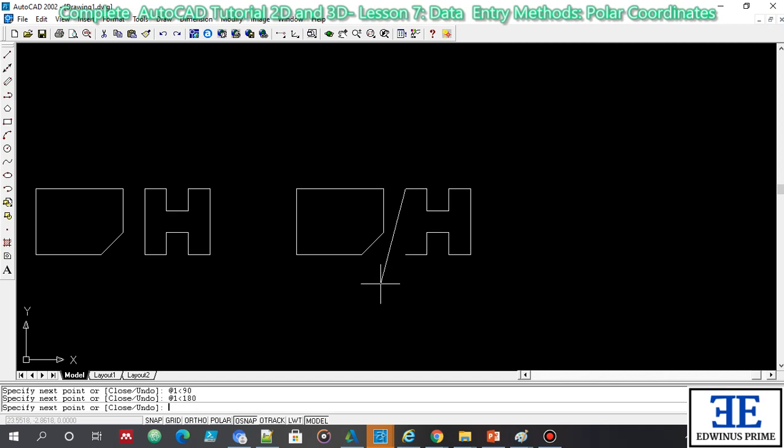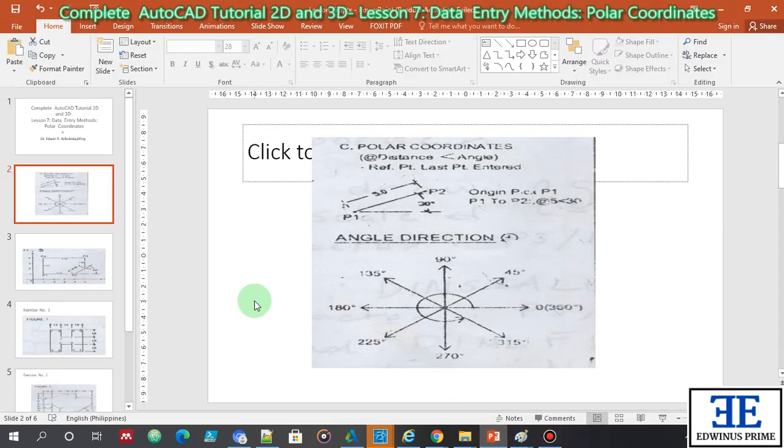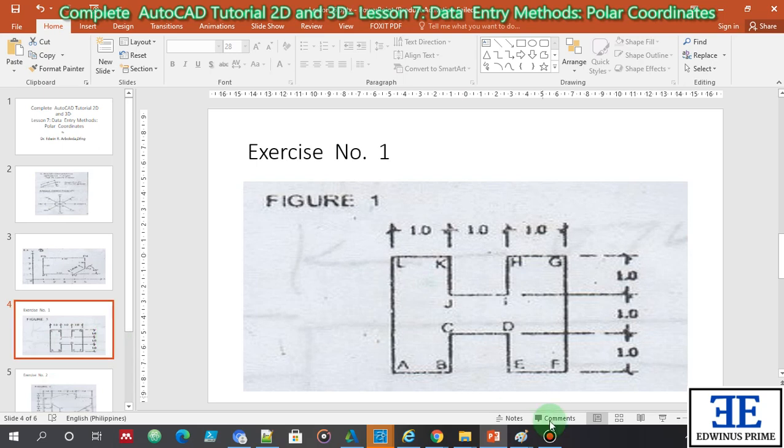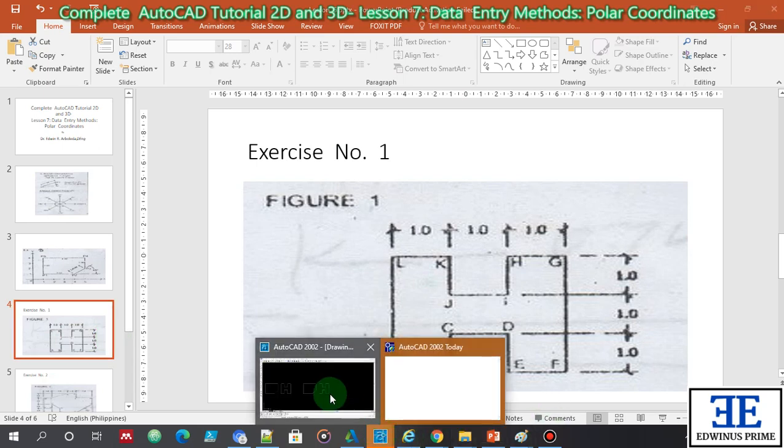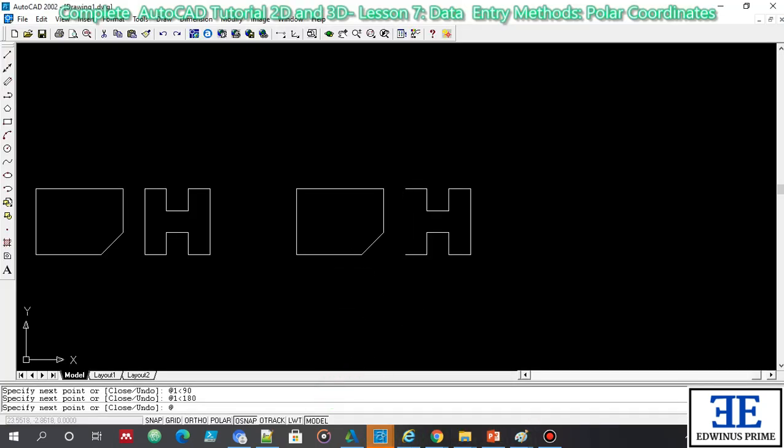And with a distance of 3, at 3, angle 270 downwards.